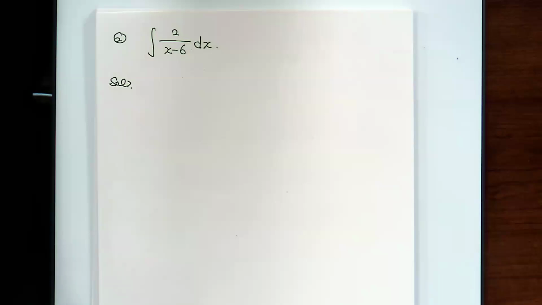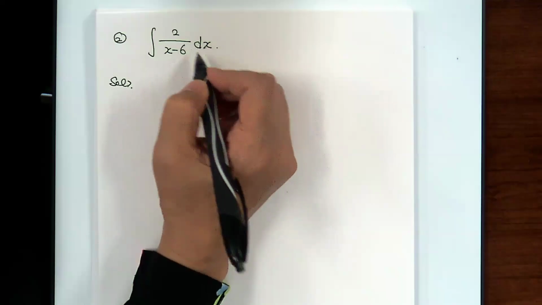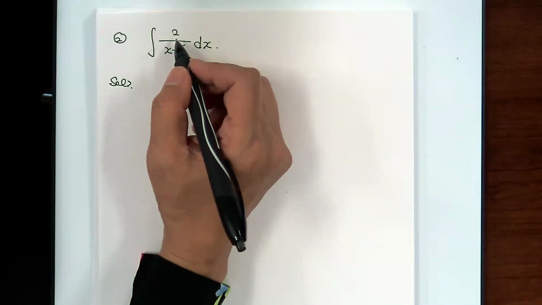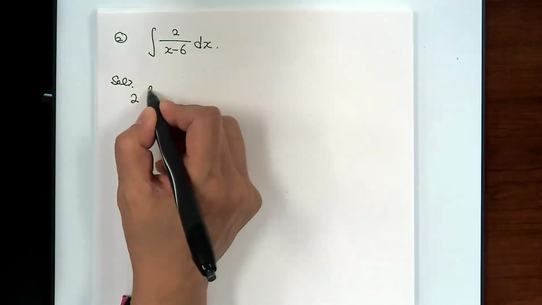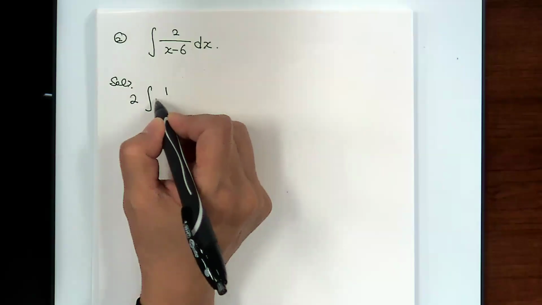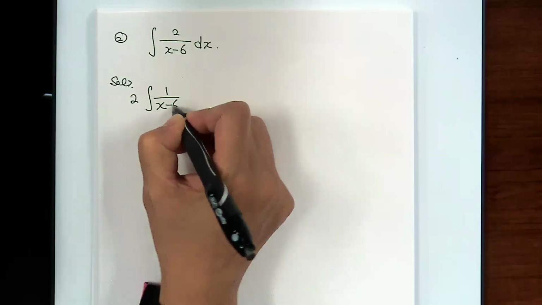And we don't have a formula, so we want to use substitution. Obviously, we have to put u equals x minus 6, and when you differentiate, you will get dx. And we know that we can write 2 in front of integration, and we can rewrite it as 1 over x minus 6 dx.